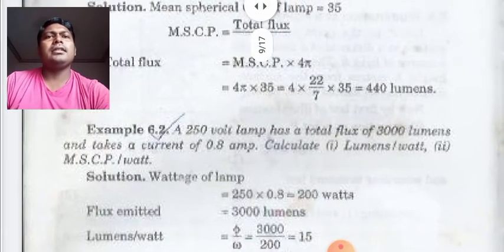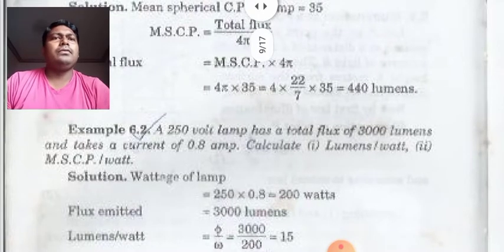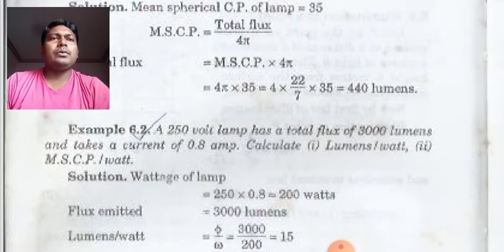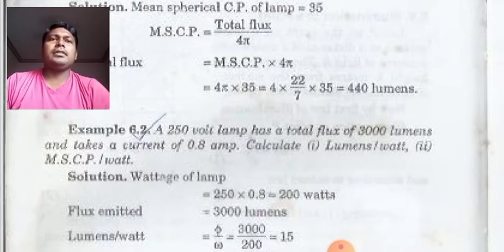Similarly students, there is another problem. A 250 volt lamp has a total flux of 3000 lumens and takes a current of 0.8 ampere. Calculate lumens per watt and MSCP per watt. So in this question, the voltage, the total flux and the current taken are given.